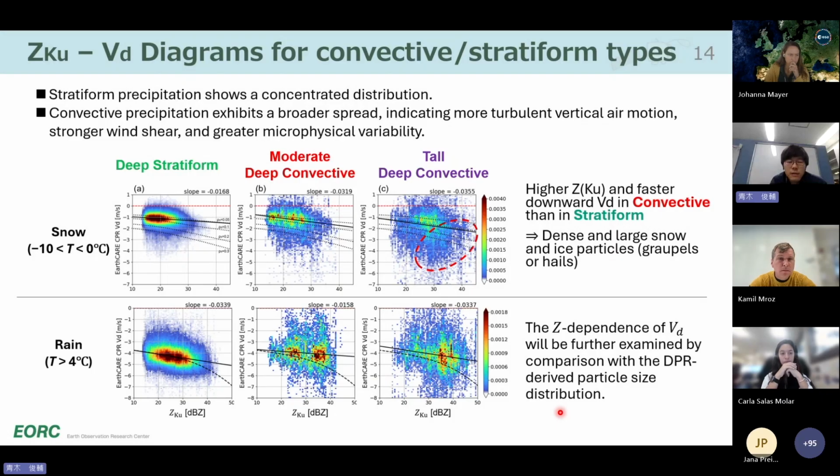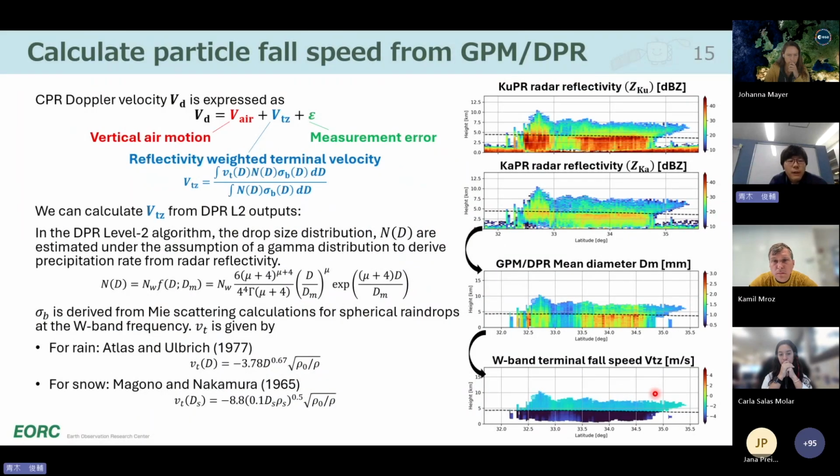Now we examine this further by comparing this value with the DPR-derived particle size distribution. We calculated the particle fall speed VTZ from the GPM-DPR measurement. In the GPM-DPR level 2 algorithm, a drop size distribution is estimated under the assumption of a gamma distribution to derive precipitation rate from radar reflectivity.